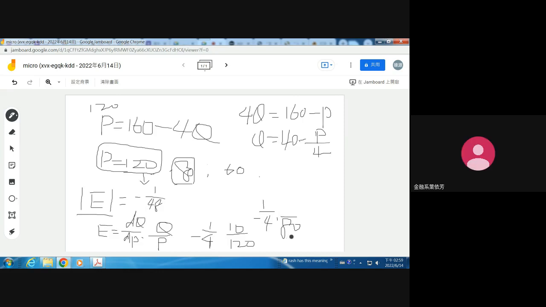Okay, so it is going to be, let us see, negative 1/16. Okay, so when price is equal to 60, Huang Xiuhui, how much is the elasticity? It's going to be here, and 60.